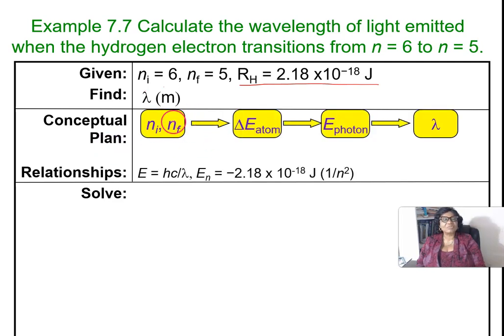So we are going to find the change in energy of the electron. Then we find the energy of the atom. Then we find the energy of the photon and the wavelength. So these are our equations, the equations that we're going to use.